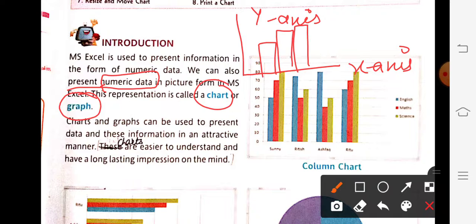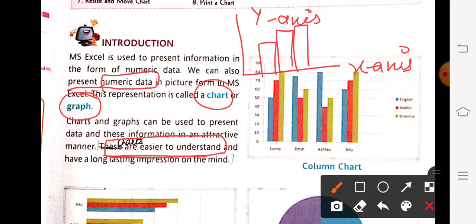Next thing, what are the uses of chart? So uses, or we can say what are the advantages of chart. Use we have already discussed, that to represent the numeric data we use chart. But why are we making a chart? What is the use of it, or what is the advantage of this? So mainly the advantage is that charts are very easy to understand.